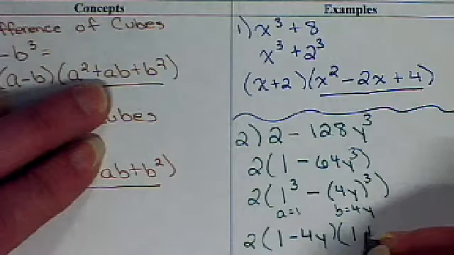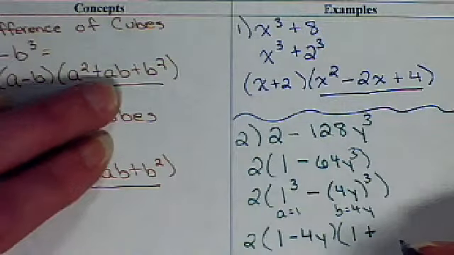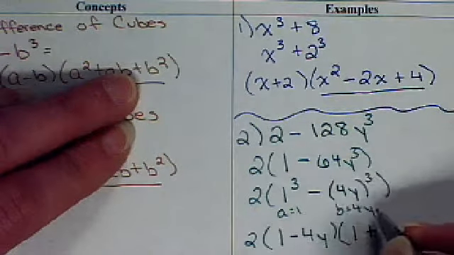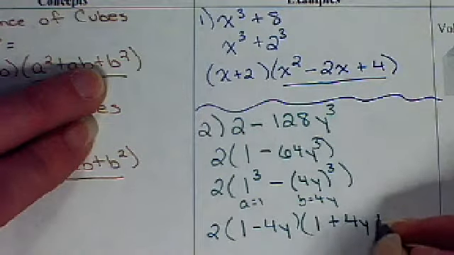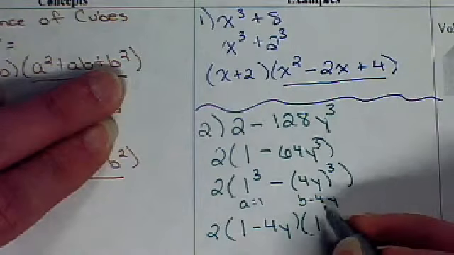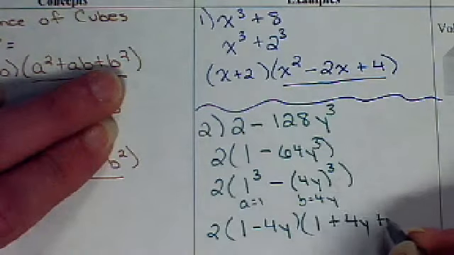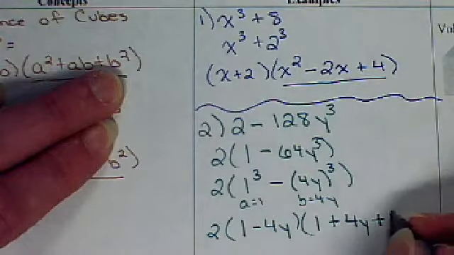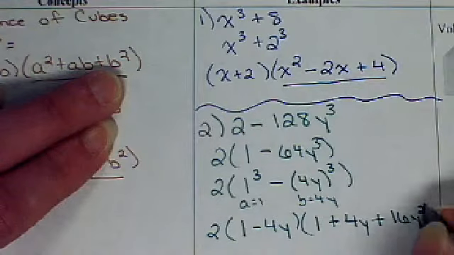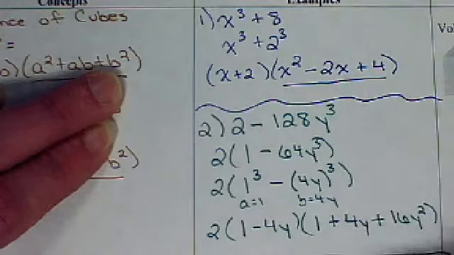Now it says to put a plus A times B. 1 times 4y. Plus B squared. Well, B is 4y. So if I take 4y and square it, 4y times 4y, that gives me 16y squared. Done.